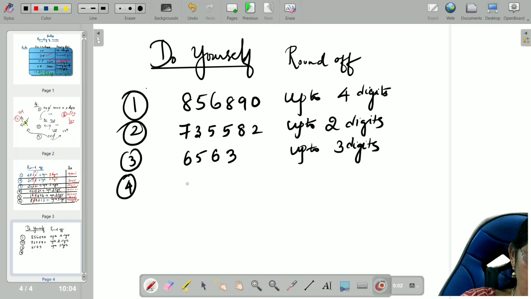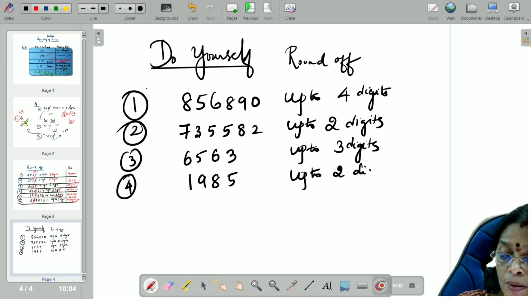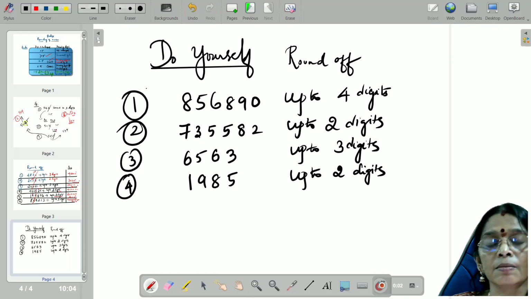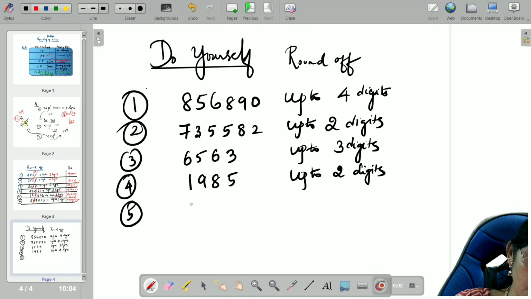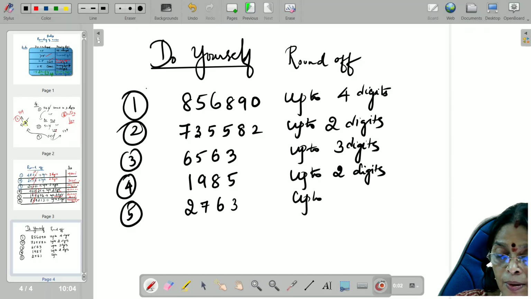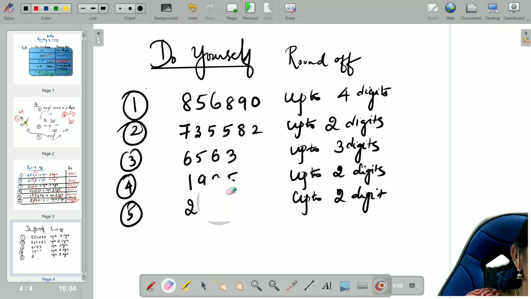And 1985 up to 2 digits. And 2763 up to 2 digits. So this is 5 3, children. So this is not 6 3. So this is 5 3.